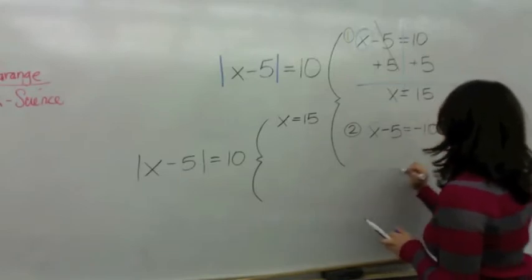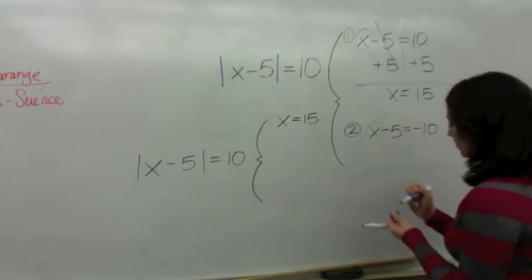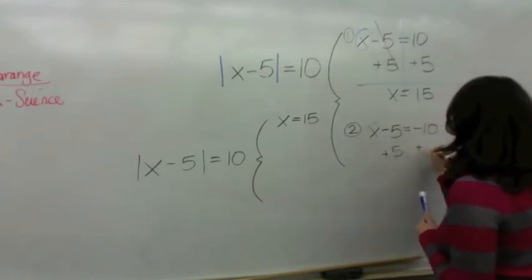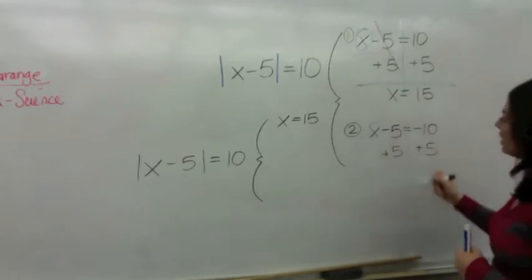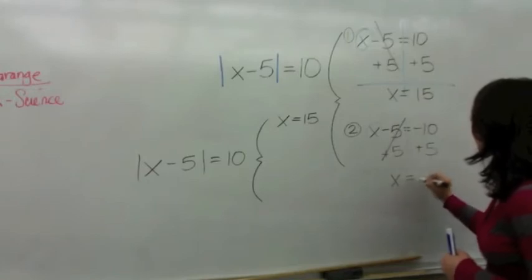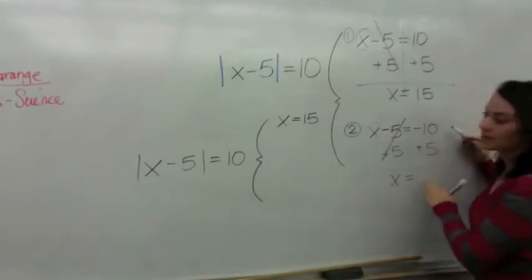Draw a t-bone. Then we add 5 to both sides, just like we did at the top. Okay? Negative 5 and 5 is 0. Bring down the x. Now you have a situation where you have negative 10 and you have positive 5.